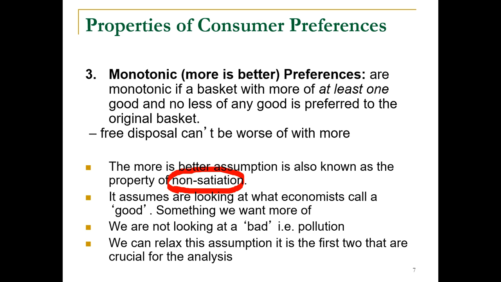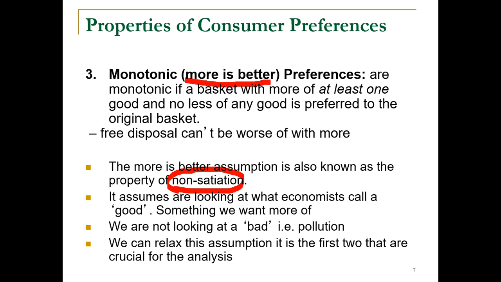That is the nature of consumers. Remember, we are trying to understand the behavior of consumers. So the monotonic assumption is the assumption that more is better. Consumers prefer more and more of anything, as long as that particular thing is good.